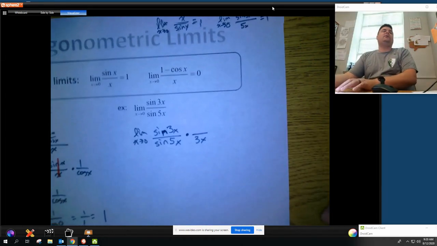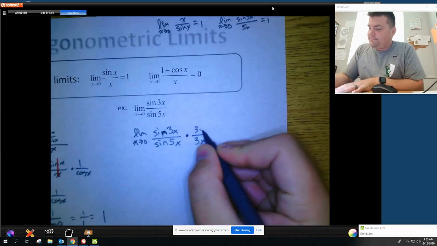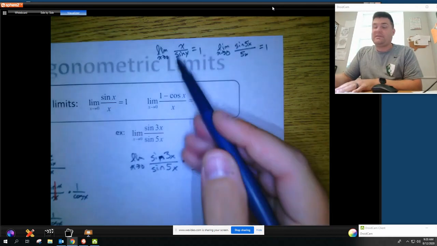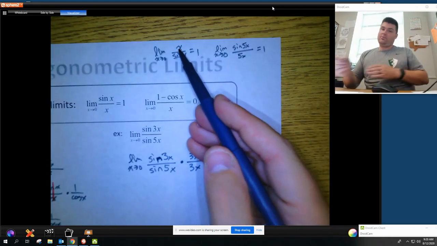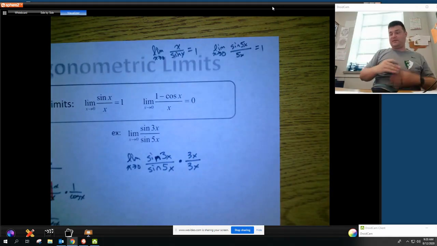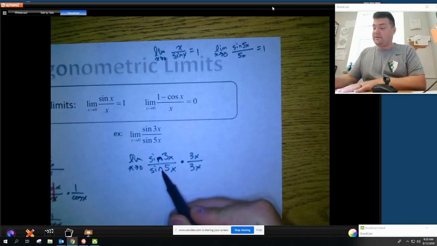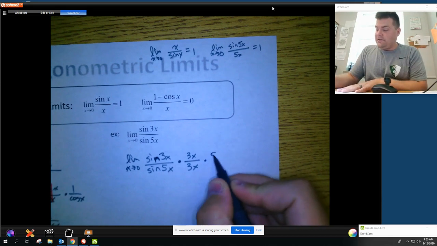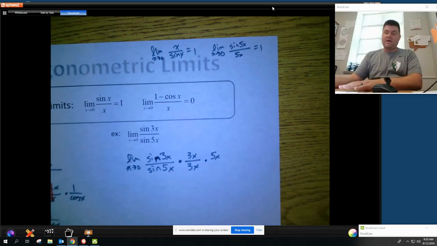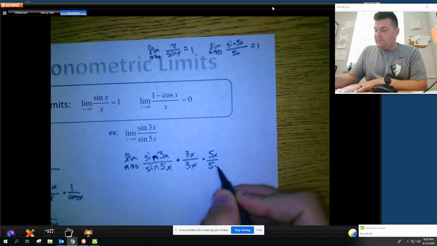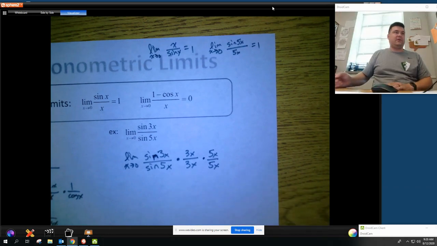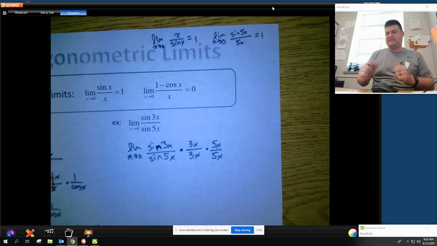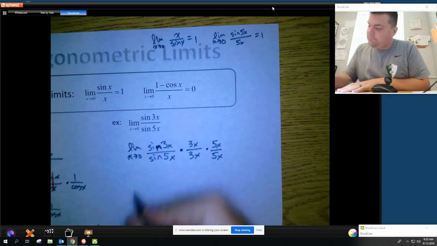I can only do that if I have a 3x on the top. And for the sine of 5x, for this to work out, remember, since this is equal to 1, it doesn't matter if it's sine on the top or sine on the bottom. In this case, sine's on the bottom, so I'm going to need a 5x on the top. But in order to do that, I need a 5x on the bottom. So all I'm doing right now is just putting the pieces of the puzzle on the table. Now let's rearrange them.